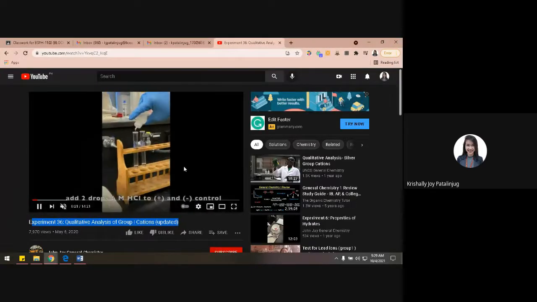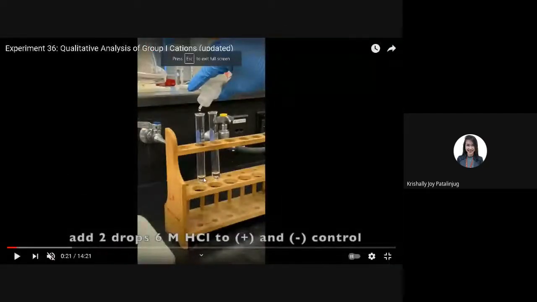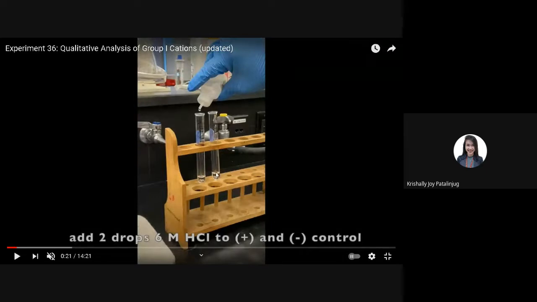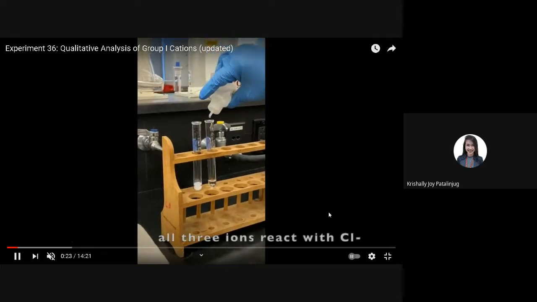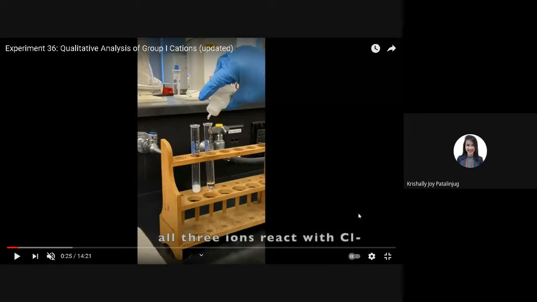Look. After adding the ions to the positive control, the negative control has water. Next, we add HCl to both the positive and negative control, and try to observe. All 3 ions react with hydrochloric acid, which is expected because they are group 1 cations.